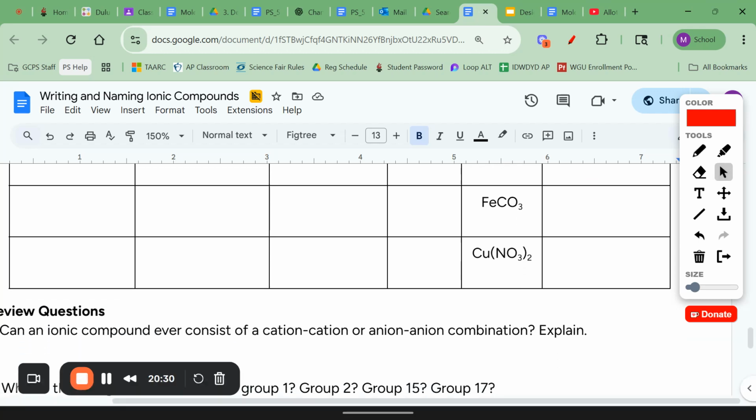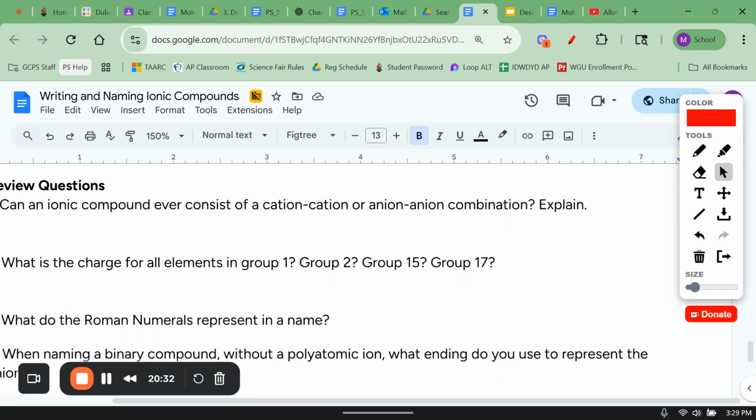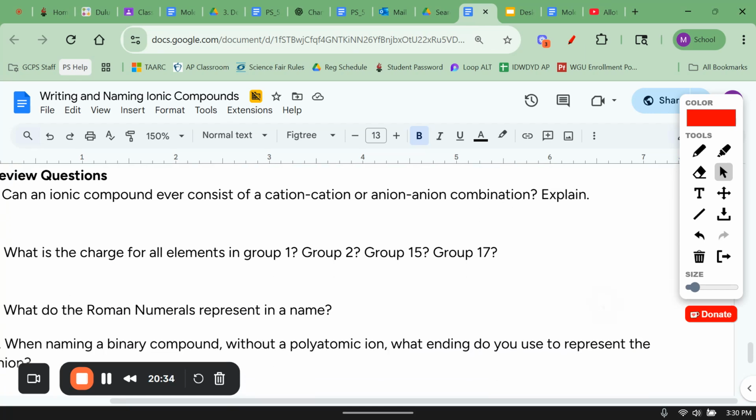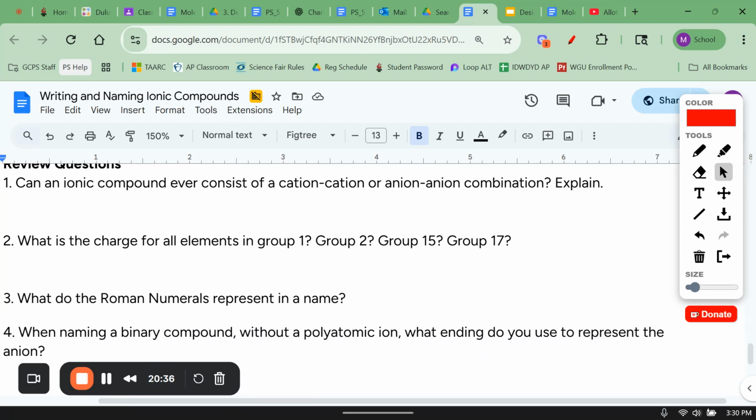The final thing that we will discuss is your review questions. I am not writing anything on my screen, but we are going to discuss the questions, and you should write down what you hear. Can an ionic compound ever consist of a cation to cation or anion to anion combination? Explain. Ionic compounds cannot.